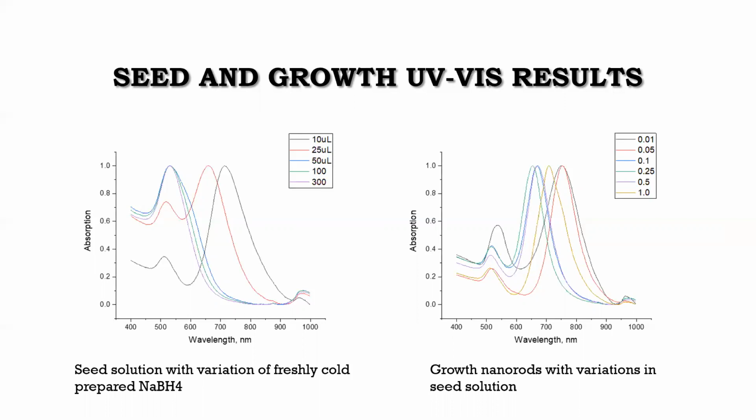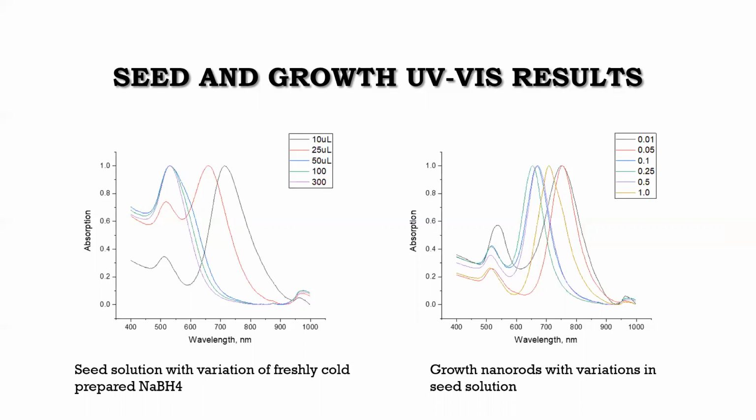The full width at half maximum is 95, 91, and 92 nanometers, with respect to the variation of the seed added, which is 0.1, 0.25, and 0.5 milliliter respectively.